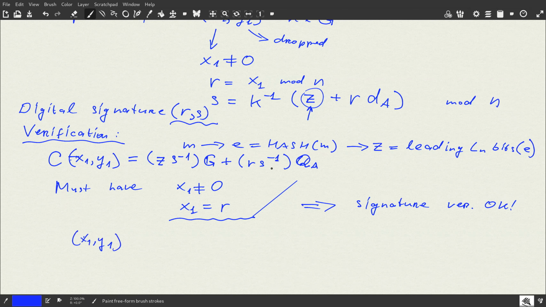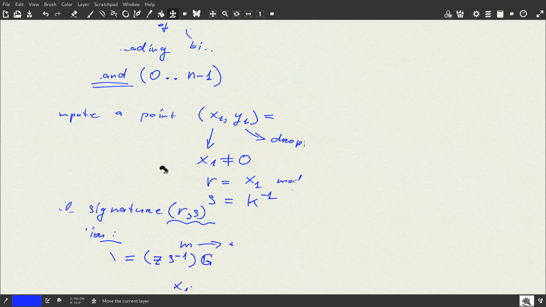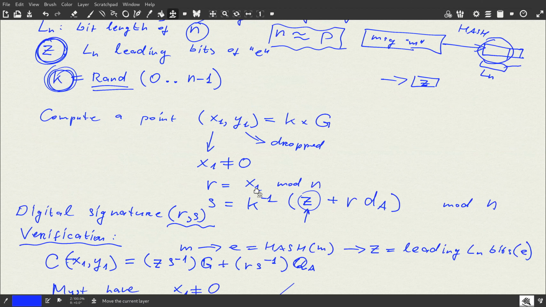If it is computed this way, it is inverse of s times actually z plus r times dA by construction, and eventually times G, and eventually this means it is k times G, and therefore it is precisely how our point R was constructed, because if we look back here, that's precisely what the original x1, y1 was and how we obtained R from it.